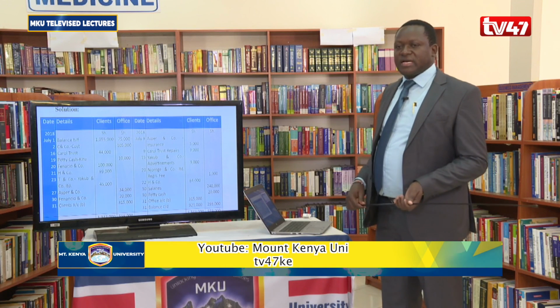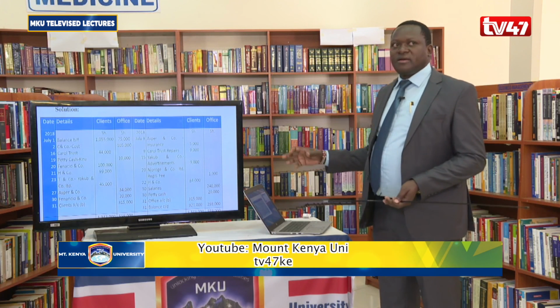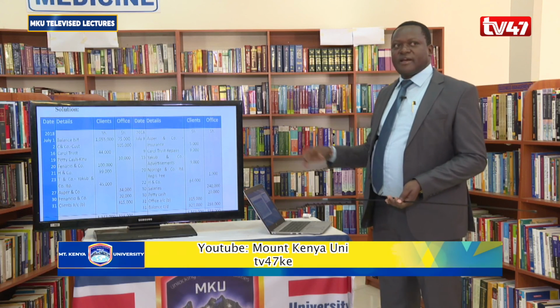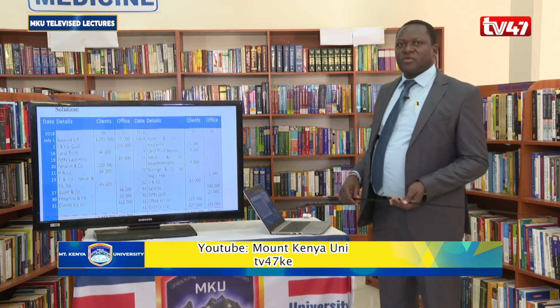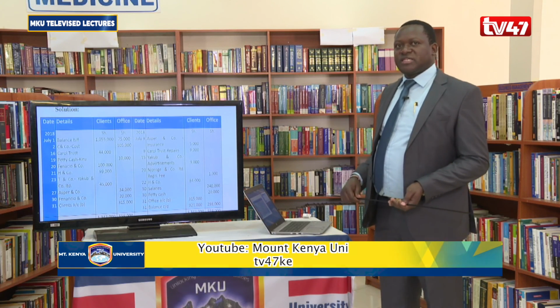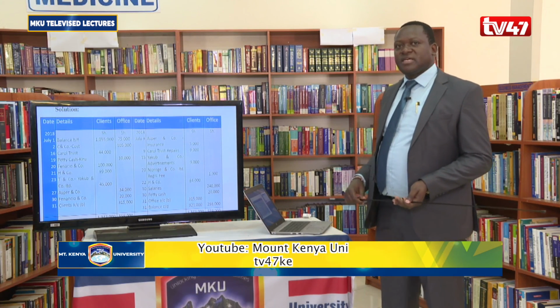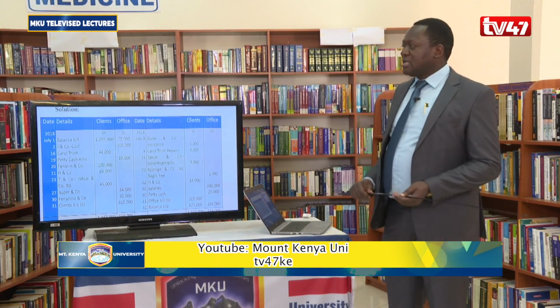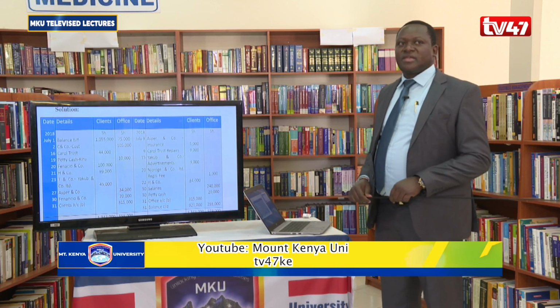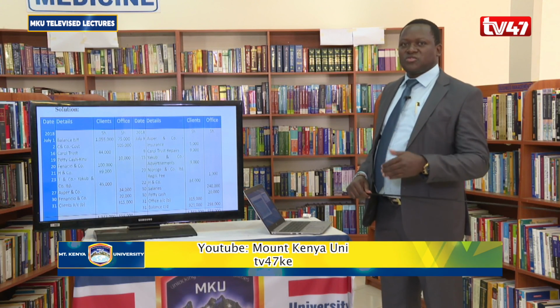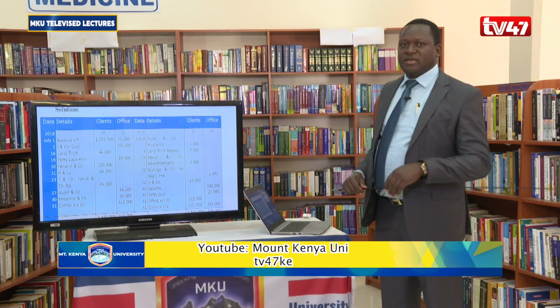In our next illustration, we shall be looking at a situation where we now capture what we have here. We also look at what we refer to as income and expenditures. We also balance that so that we can see whether we have a surplus or a profit. Then, of course, we shall be preparing the statement of financial position. How does what is akin to the profit and loss account look like for an advocate?